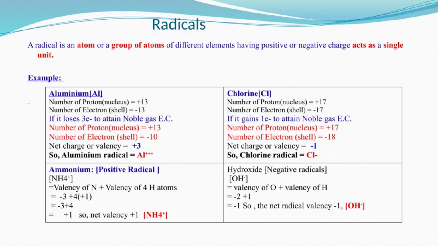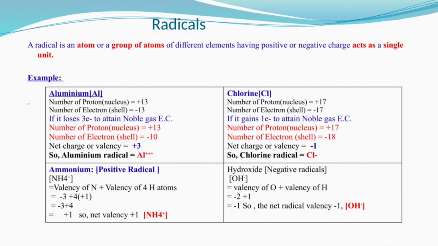After losing 3 electrons, the number of protons in the nucleus will remain plus 13, because the nucleus does not undergo chemical reaction, whereas the electrons in the outermost shell, the valence electrons only, will be transferred.